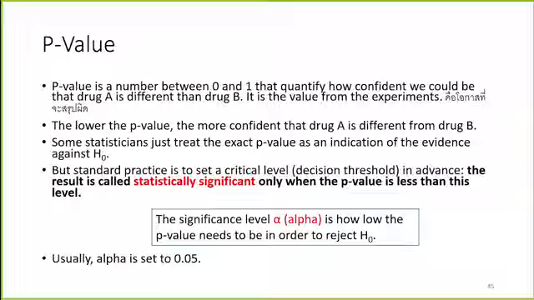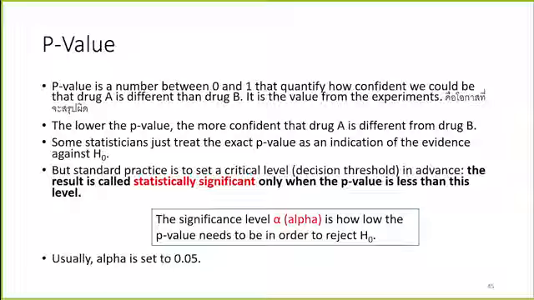It also tells how confident we can be that drug A is different from drug B. The lower the p-value, the more confident we are, so some statisticians treat the p-value as an indication of strong evidence. Standard practice is to set the threshold in advance, which is alpha.